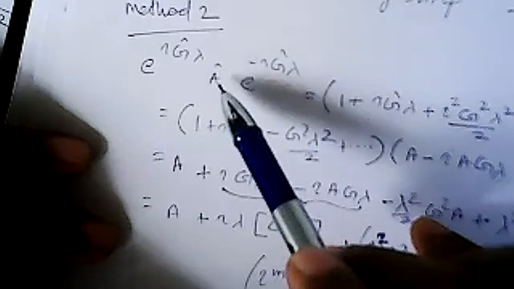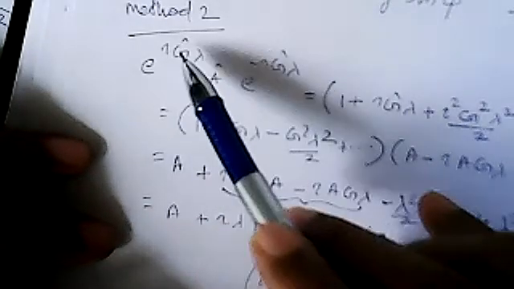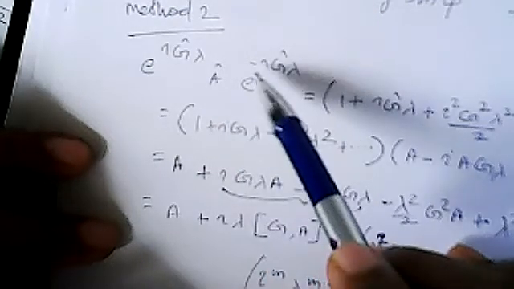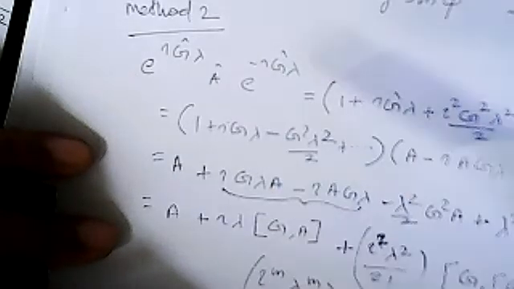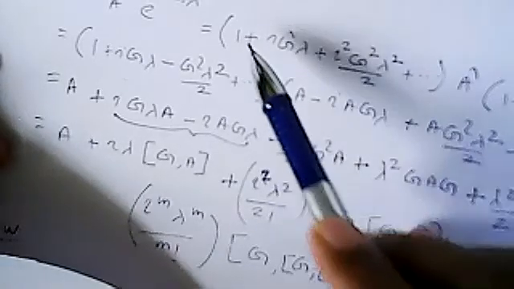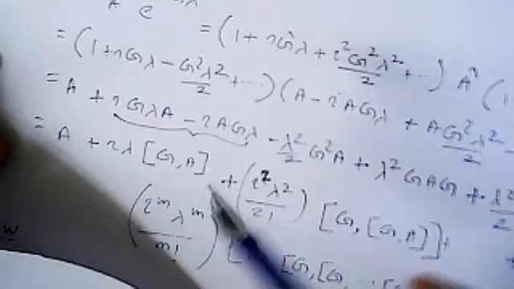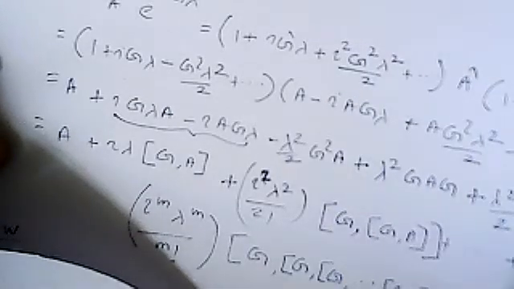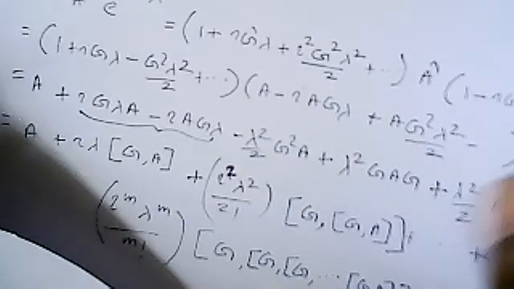This is a similar term, e to the power of i g lambda, operator A, e to the power of minus i g lambda. Now you expand the exponentials using their expansion: 1 plus i x, where x means g lambda, then x square by 2 factorial plus etc. Then operator A, then e to the power of minus, expand.